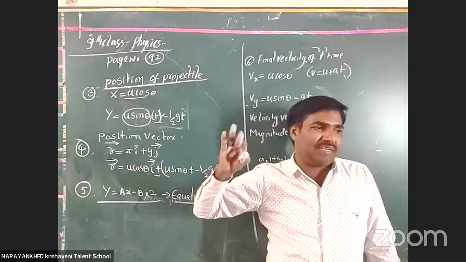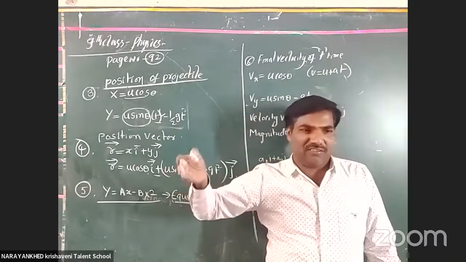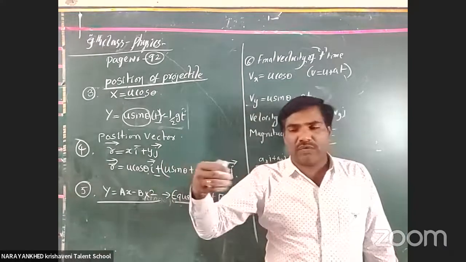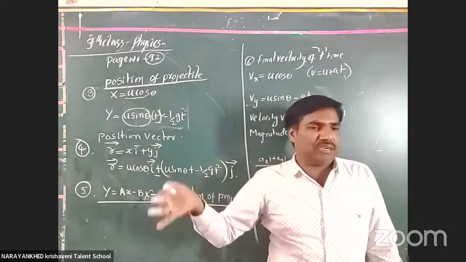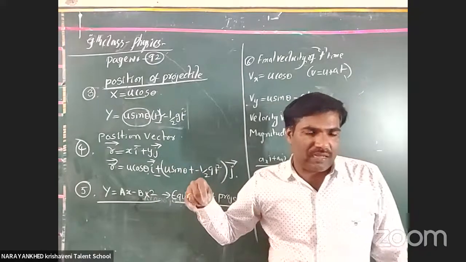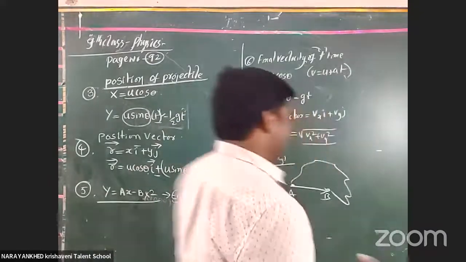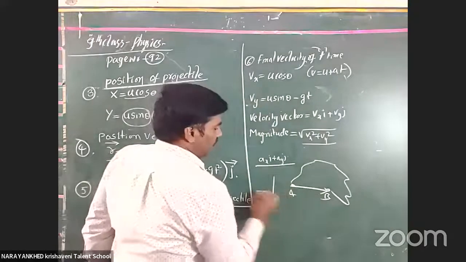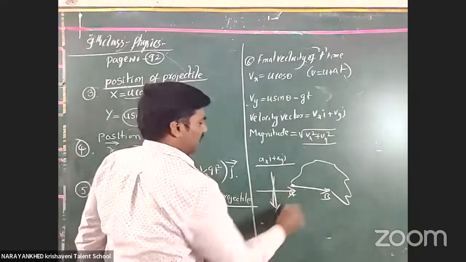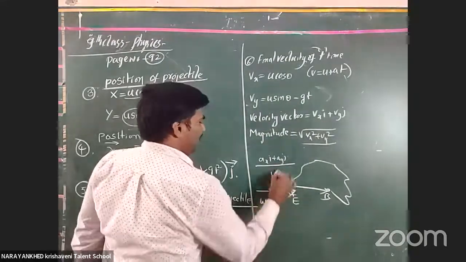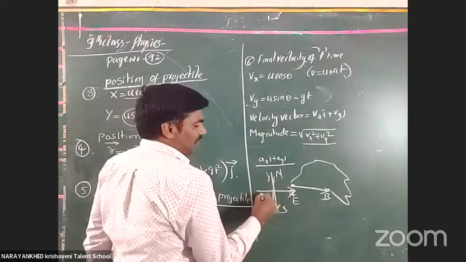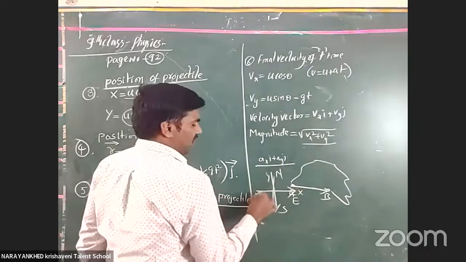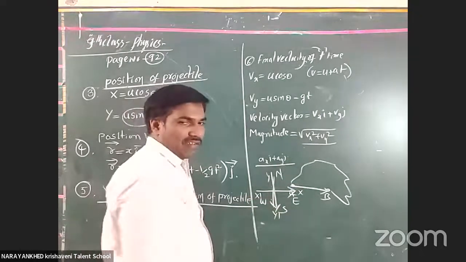Some particular quantities require directions. In which side is it moving? East side or west side or north side or south side. That is represented by our axes only. Suppose you take a direction: this is the east, this is the west, this is the north, this is the south. This is the y-axis, this is the x-axis, this is the x-dash axis, this is the y-dash axis.